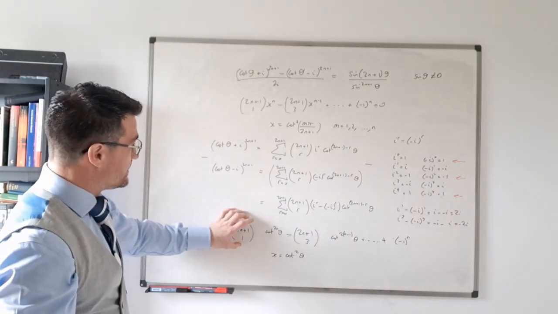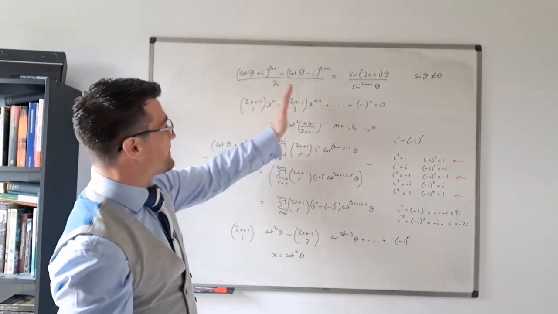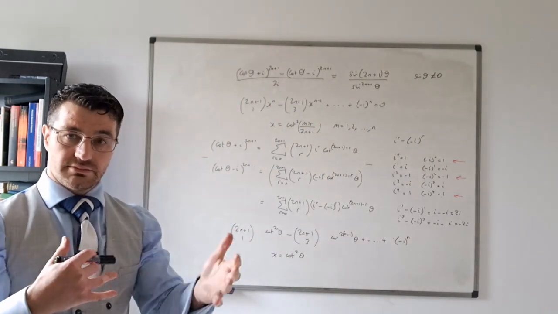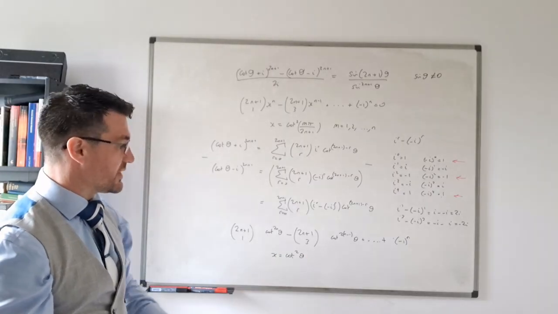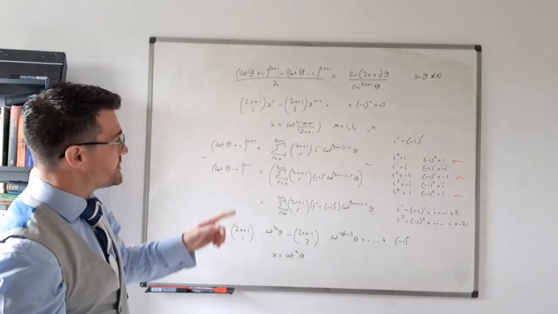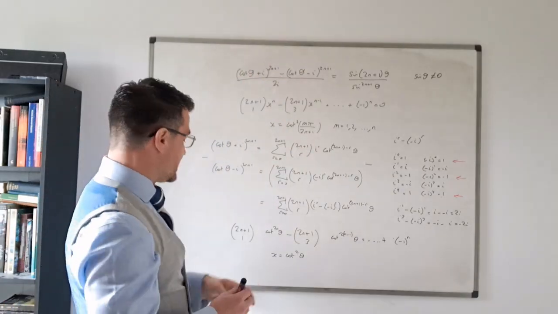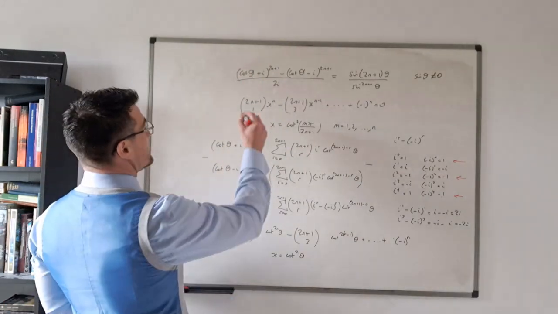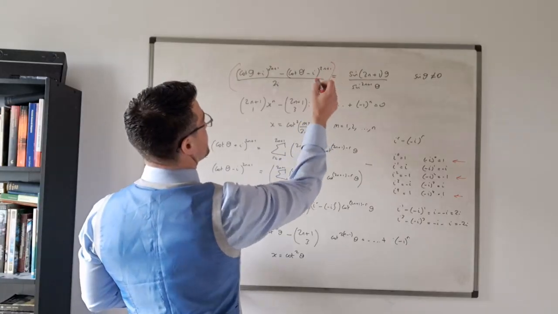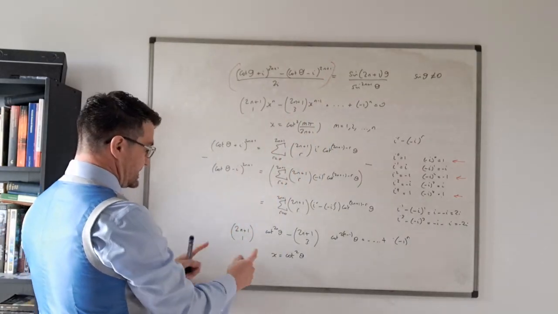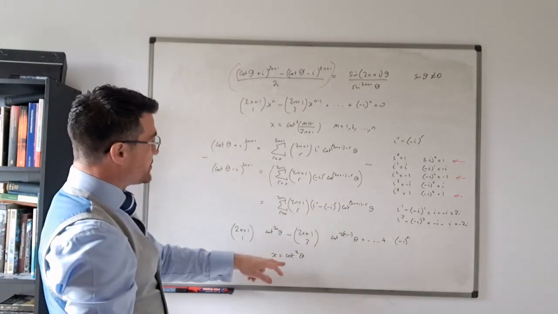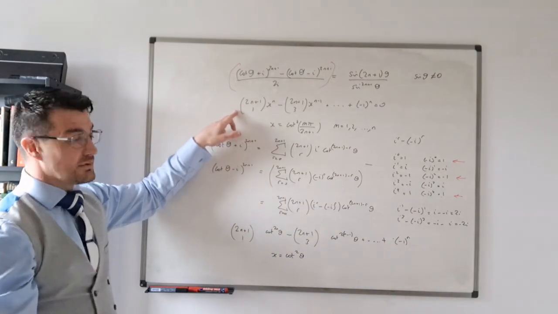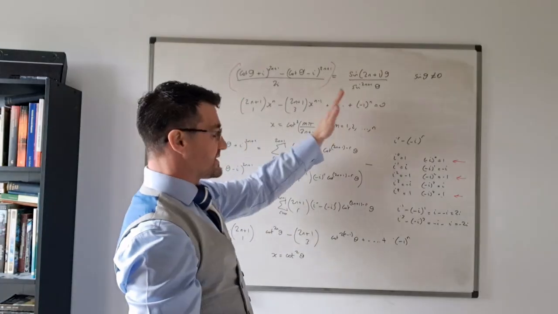So the left-hand sides of these equations are identical, provided that I set x equal to cot squared theta. So what we've deduced then is that this expression here is equal to this, which in turn, with this substitution, is equal to the left-hand side of this equation.